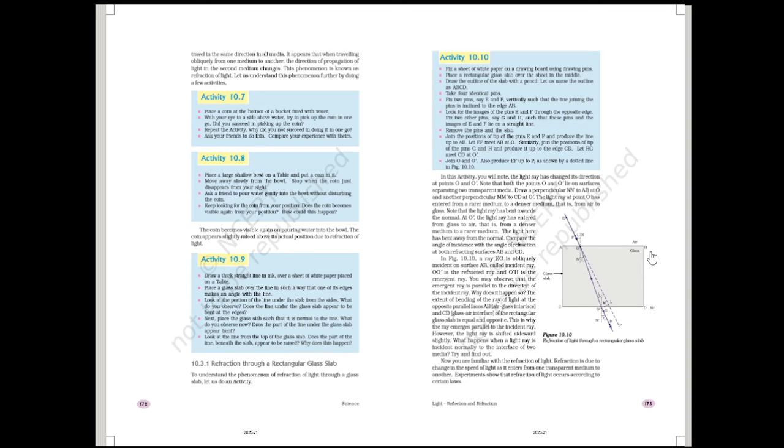Now make a normal, N and N dash, with a dashed line. Draw an angle at somewhat 18 degrees to the normal.